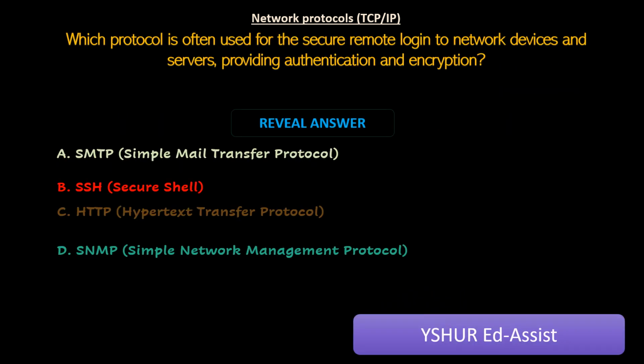Which protocol is often used for secure remote login to network devices and servers, providing authentication and encryption? A. SMTP, Simple Mail Transfer Protocol. B. SSH, Secure Shell. C. HTTP, Hypertext Transfer Protocol.